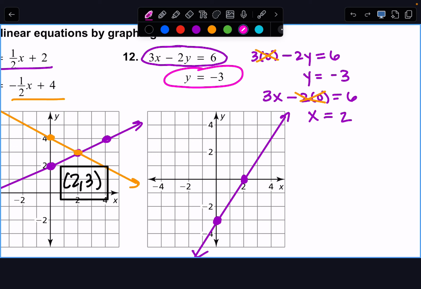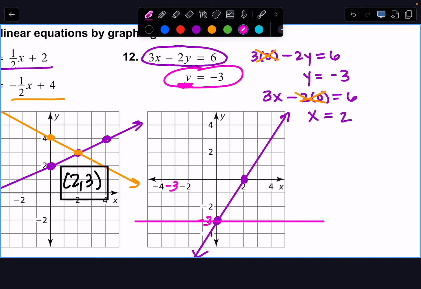So here's a -3 and here's a -3. I need you to be more specific. I know you know it. Which -3 do I want? Zoe? The one on the what axis? The one on the y-axis.